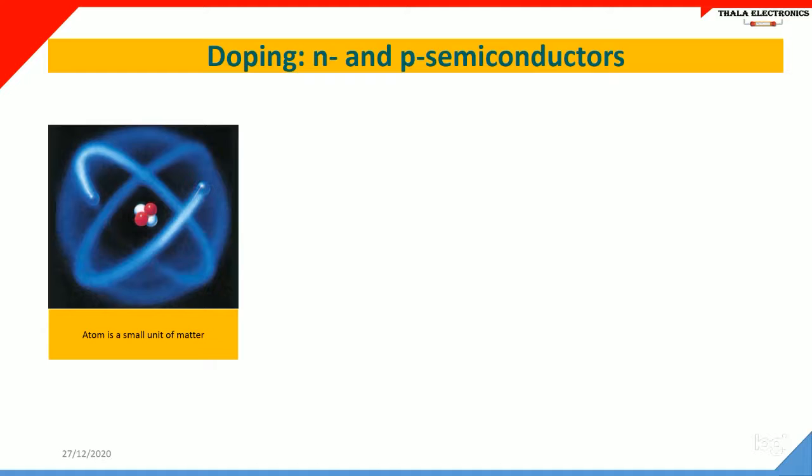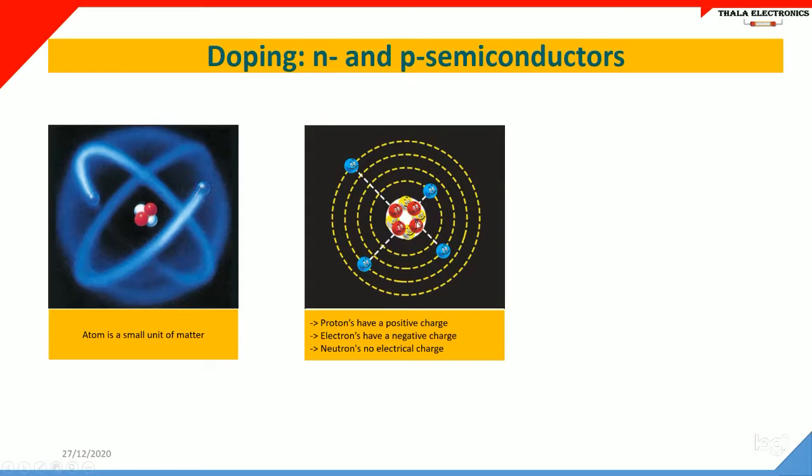The nucleus is made of one or more protons and a number of neutrons. The protons have a positive charge and the neutrons don't have any charge. The electrons, of course, have a negative charge.